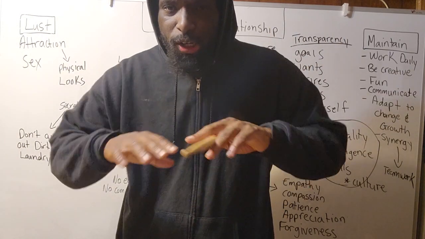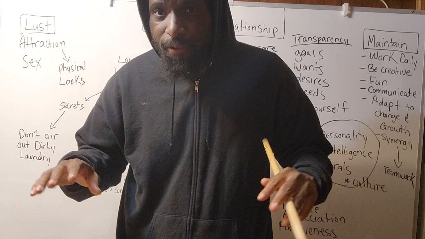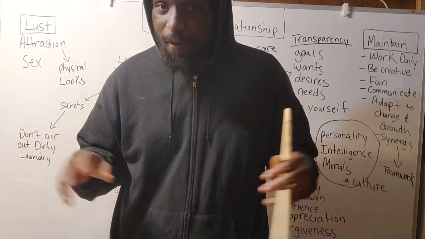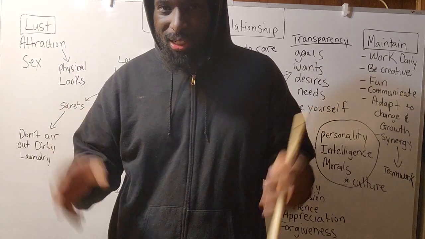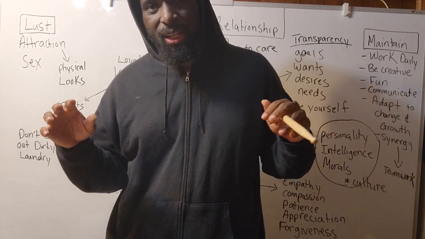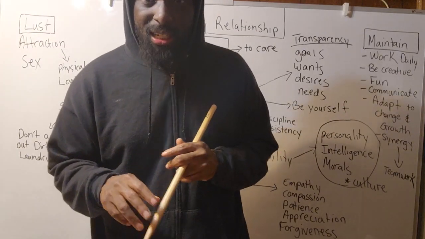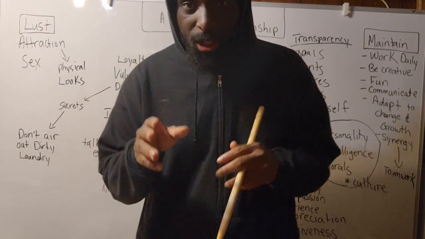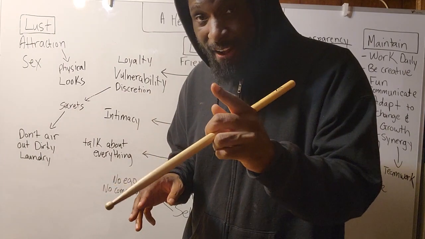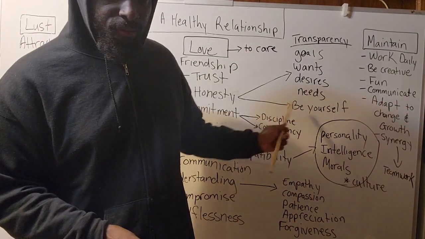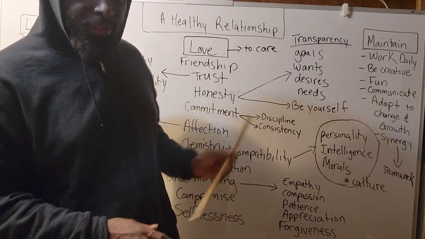If you're a sweet, kind individual, be that. Don't have multiple personalities. Don't lie about who you are, because your partner is expecting you to be a certain way, but you lied because you weren't yourself. Be yourself. This is part of honesty.